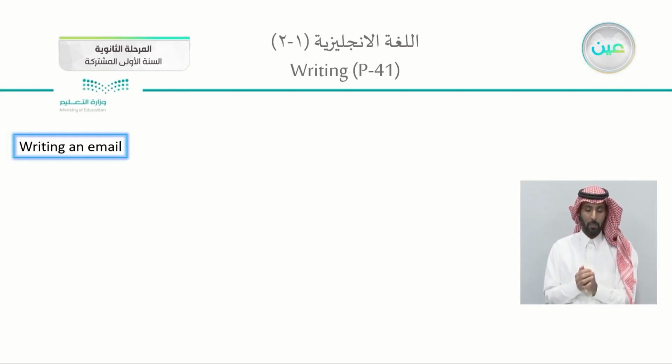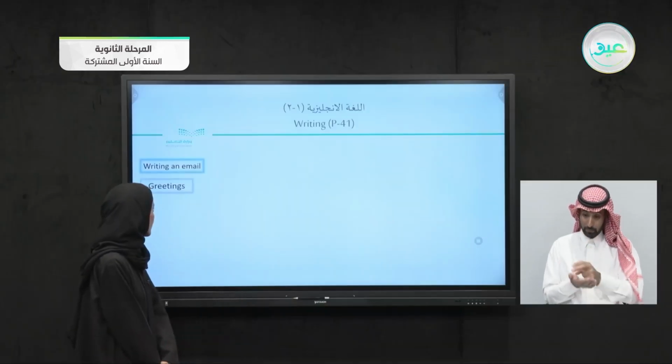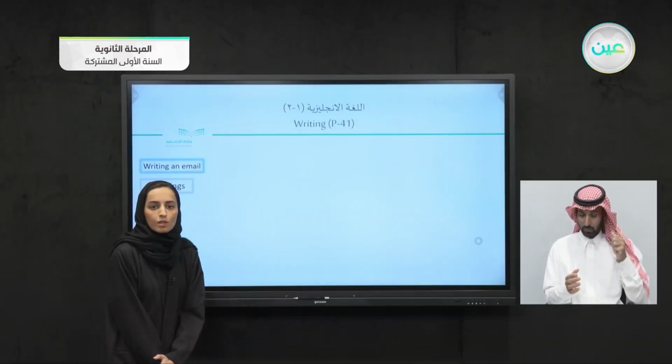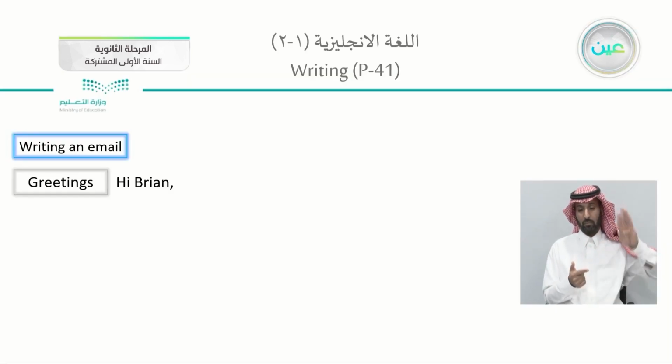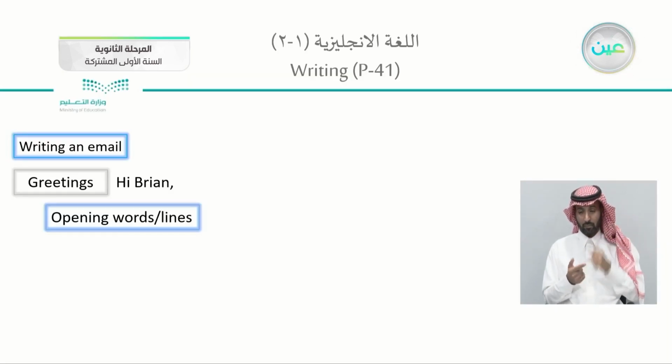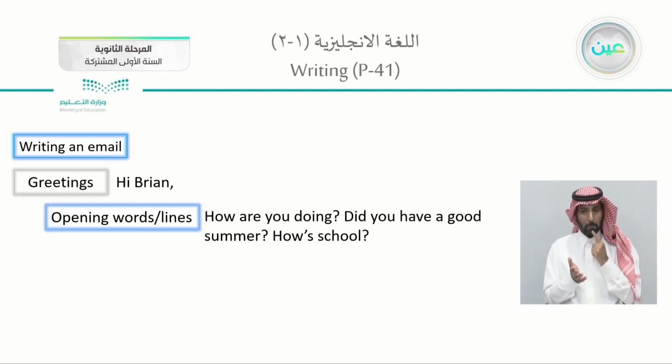Okay, so for this email, we will start with the greetings. What was the greeting from Adil to Brian? It was, hi Brian, more like informal. Then we have the opening words after the greeting. He said, how are you doing? Did you have a good summer? And how was school?